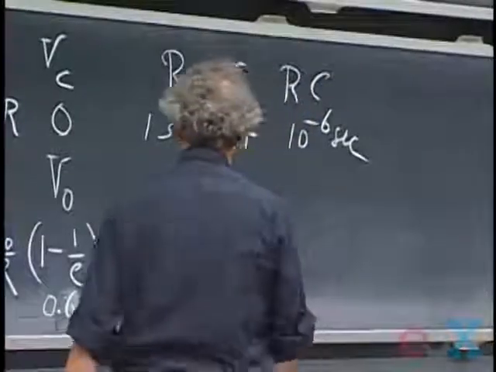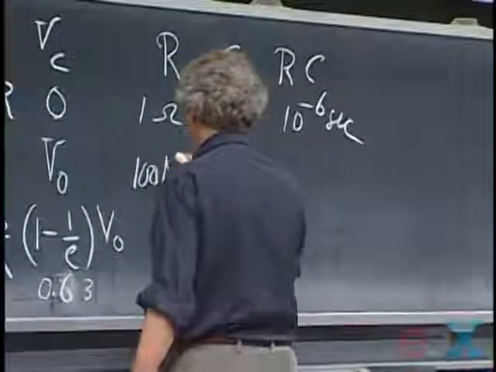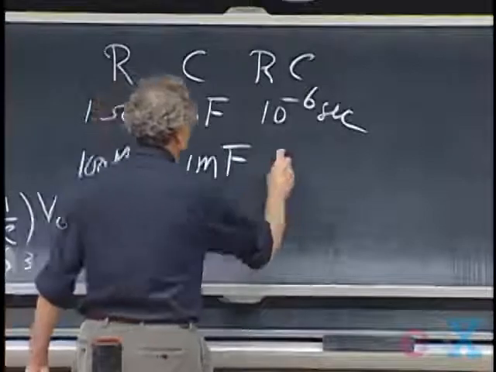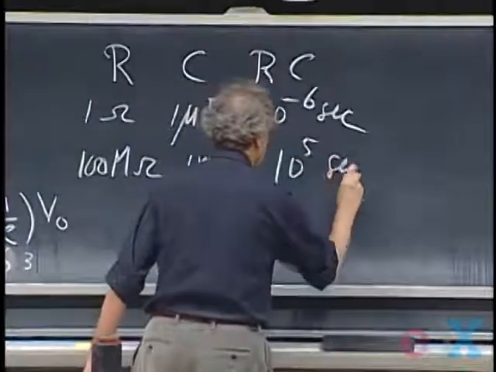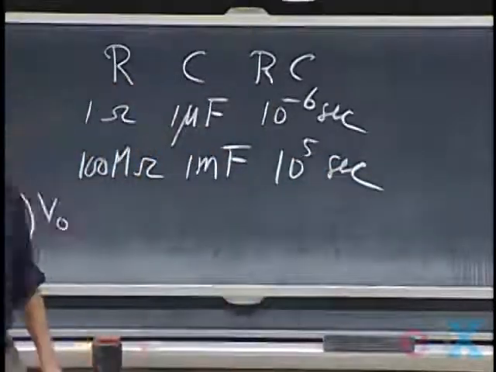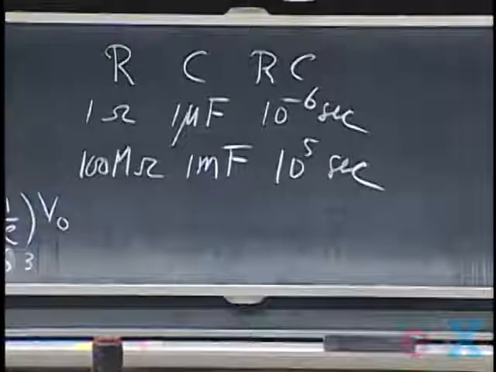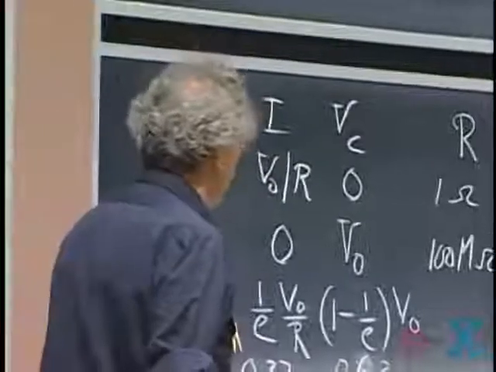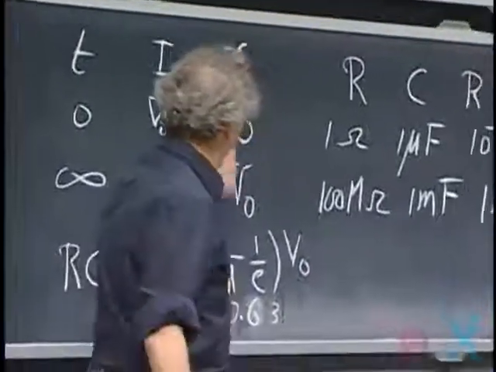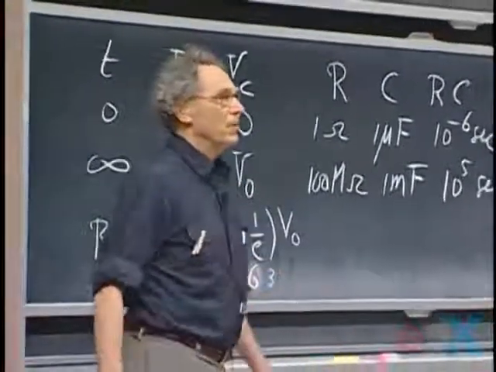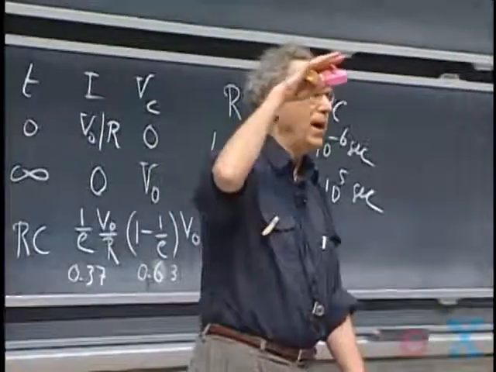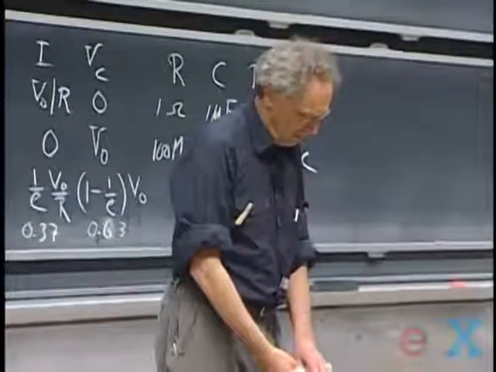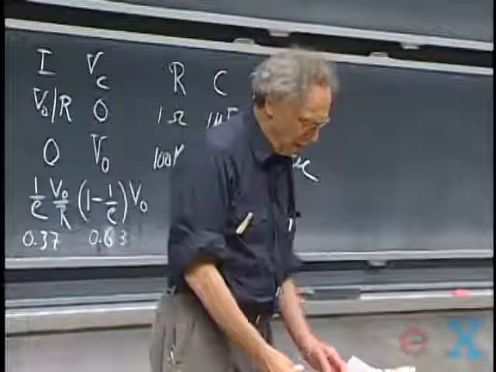But if you have R equals 100 megaohms, and you have this 1 millifarad, then this is 10 to the 5 seconds, which is longer than a day. And that would mean that it would take you even 3 days to reach 95% of V0. After 3 days, you would still have only 95% of the potential difference of the capacitor of the maximum value that you can get.